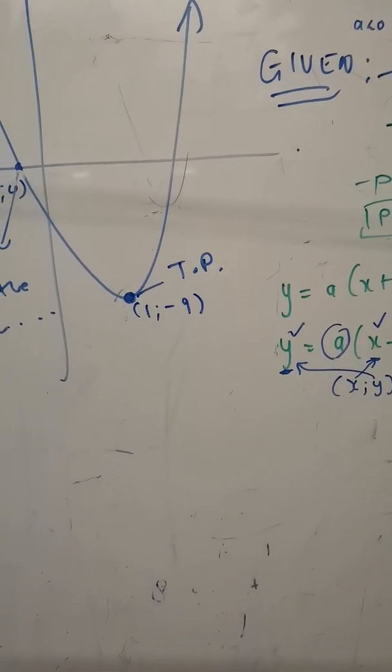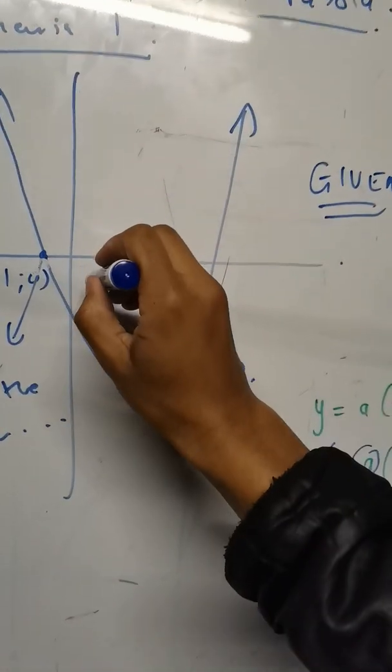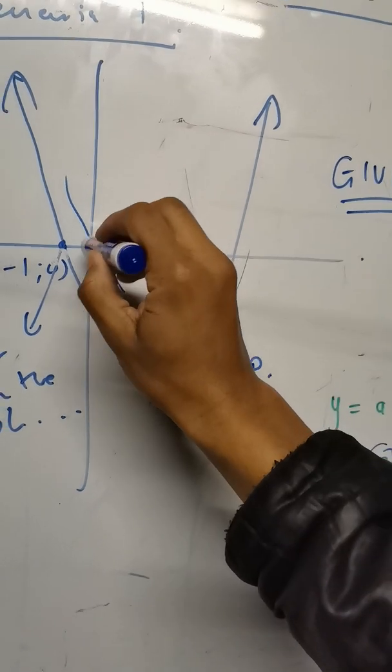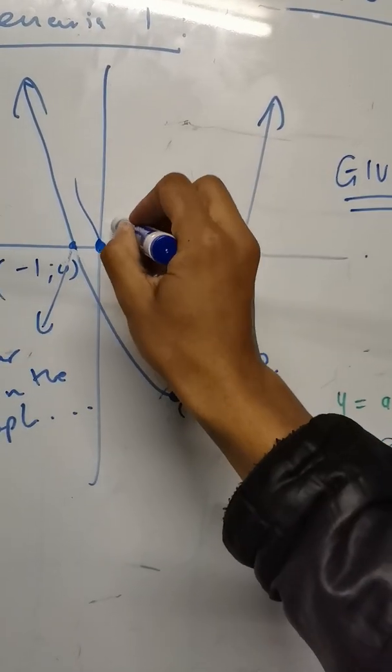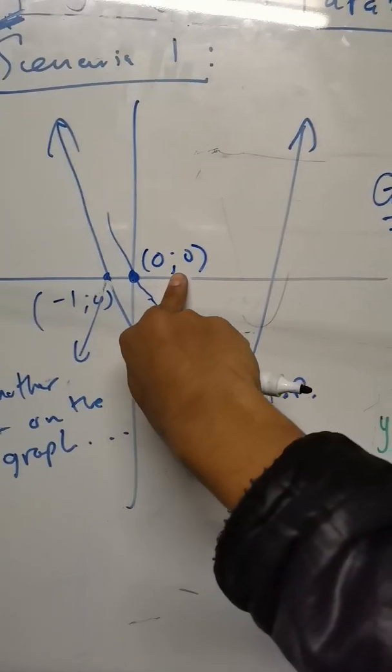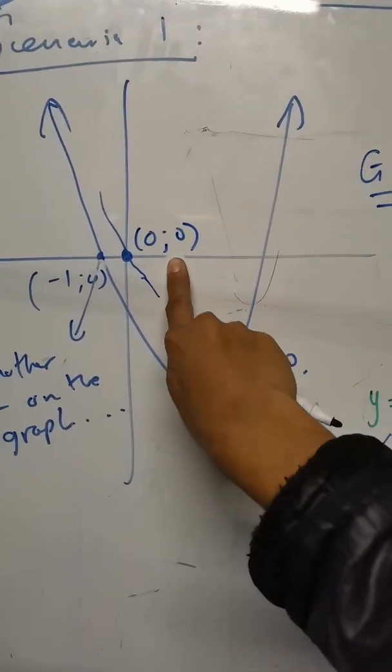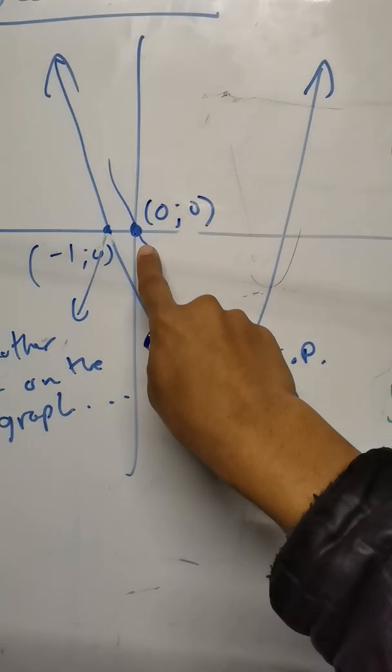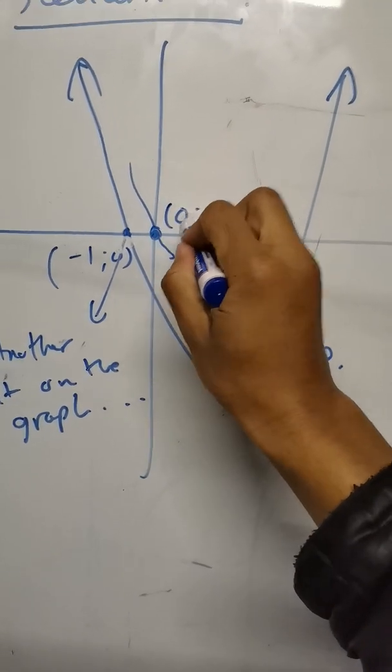Sometimes a graph might pass through the origin and they say nothing about it, but the origin is always (0, 0).